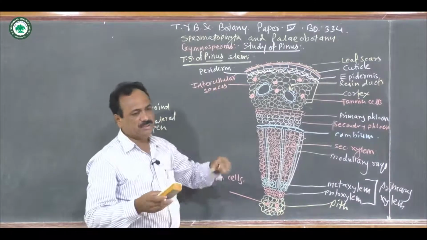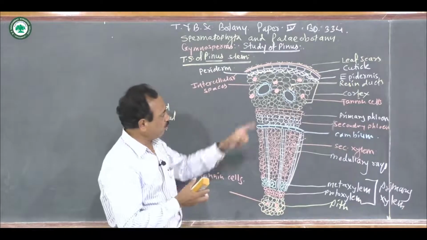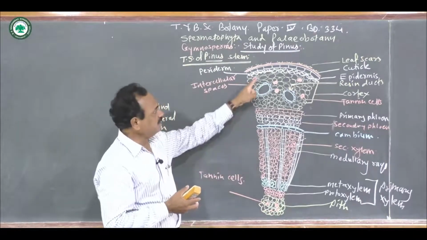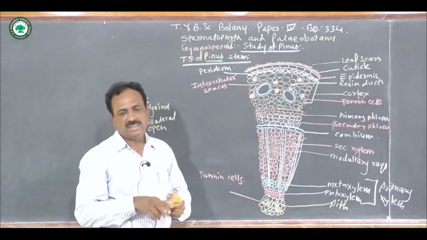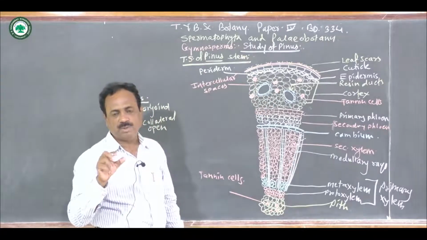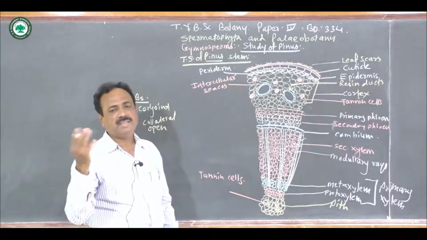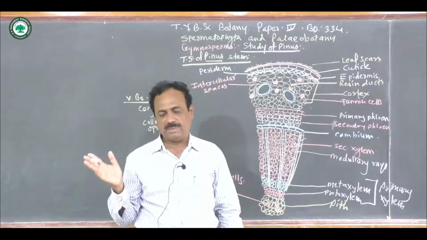Due to the development of more secondary growth toward the inner side, pressure is exerted on the epidermis, so the epidermis gets stretched more and more, and ultimately after some time it ruptures or breaks.